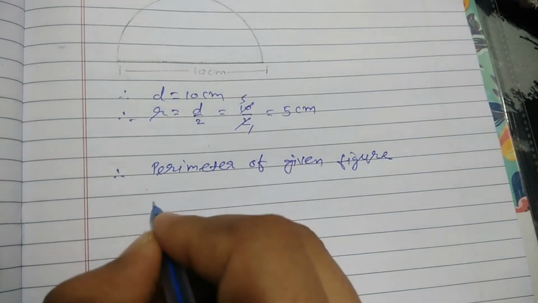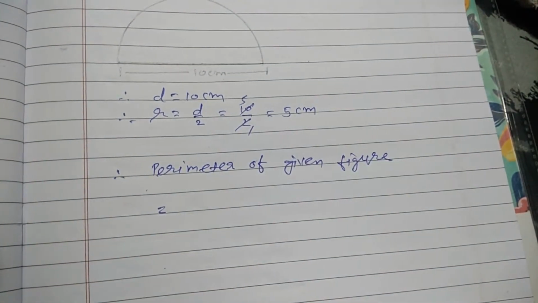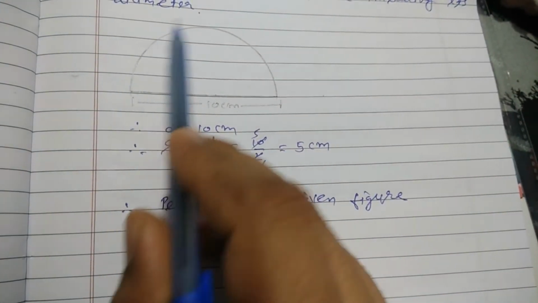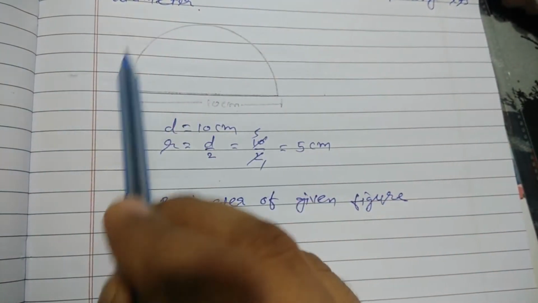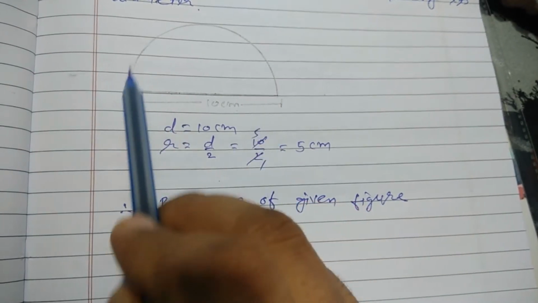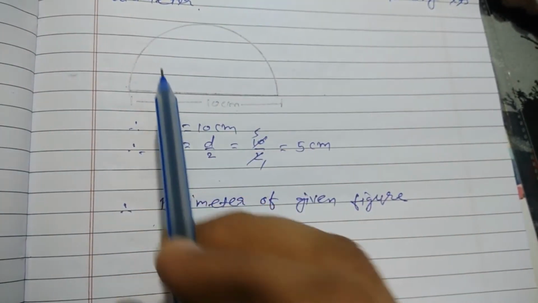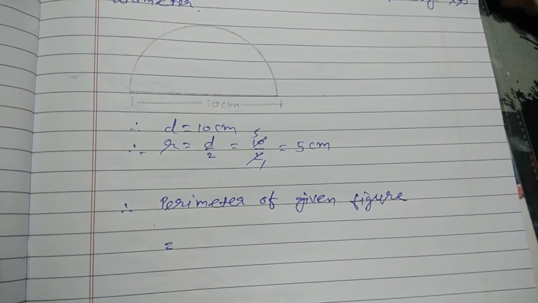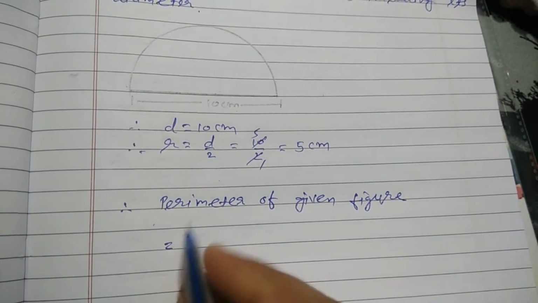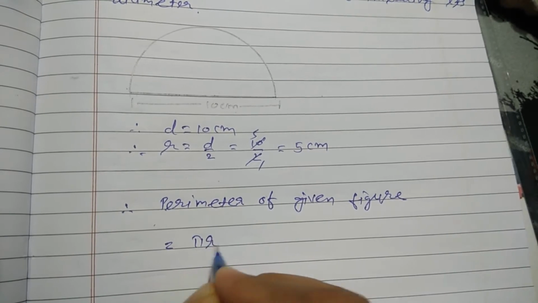Perimeter of given figure is equal to, now keep in mind this is the same semicircle, that means half of a circle. So what will be the perimeter of this half of a circle? That will be nothing but half of the circumference of a circle.